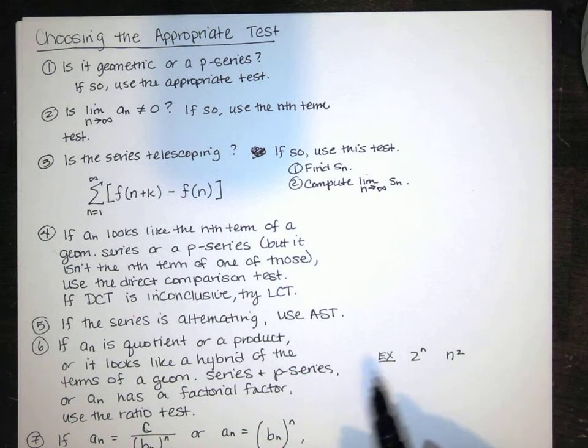But if your nth term has both, you might use the ratio test, or if your nth term involves a factorial, the ratio test will work well.